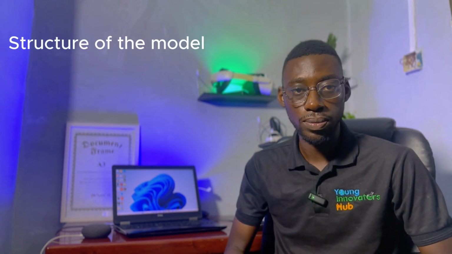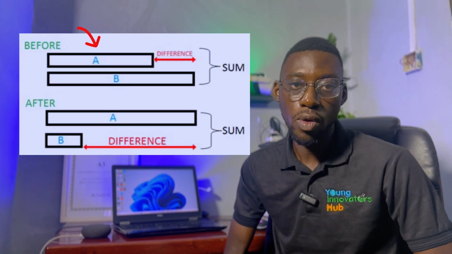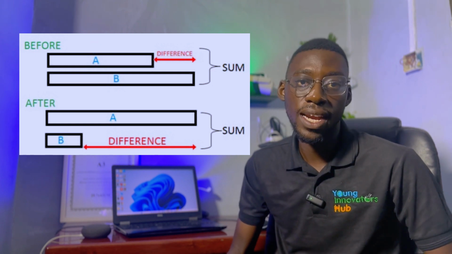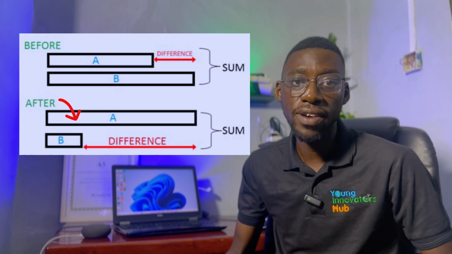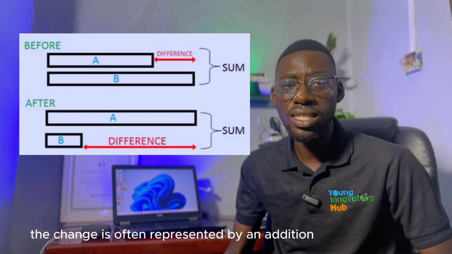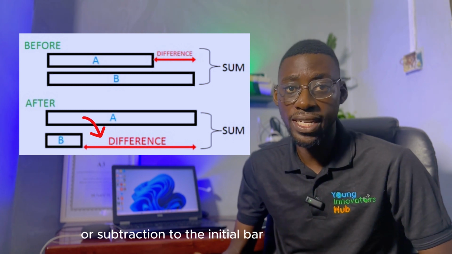Structure of the model. The model typically consists of two parts. 1. A before bar, representing the initial quantity. 2. An after bar, representing the final quantity after the change. The change is often represented by an addition or subtraction to the initial bar.